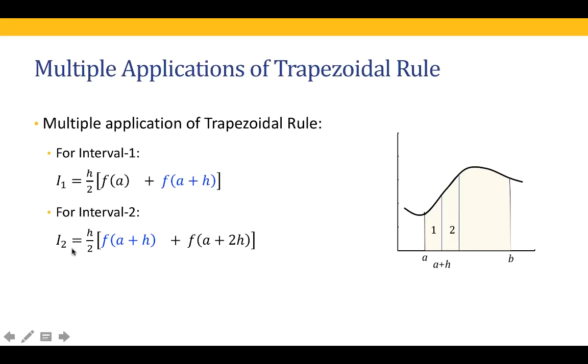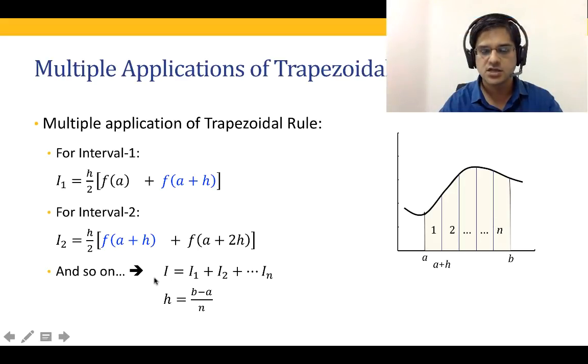For this interval, our area using the trapezoidal rule is going to be h by 2 multiplied by f at a plus h plus f at a plus 2h. We keep doing that until the last interval. Once we get all these areas, our integral I is nothing but the summation of all these individual integrals that we have obtained using the trapezoidal rule. The step size h is nothing but b minus a divided by n.